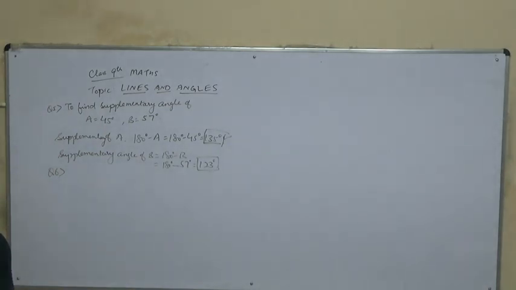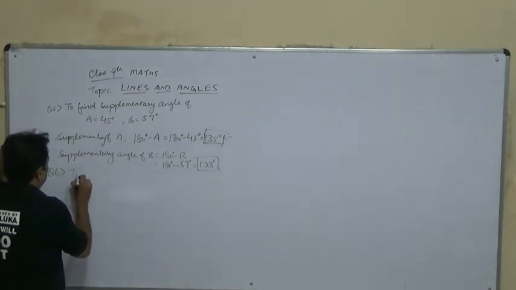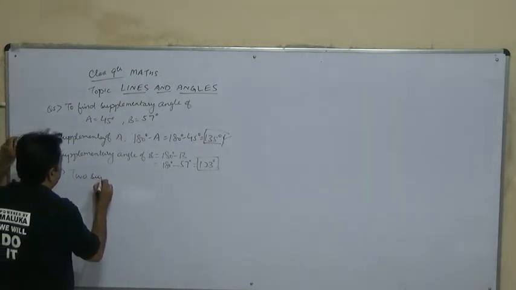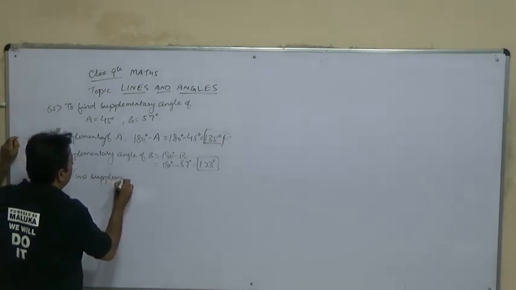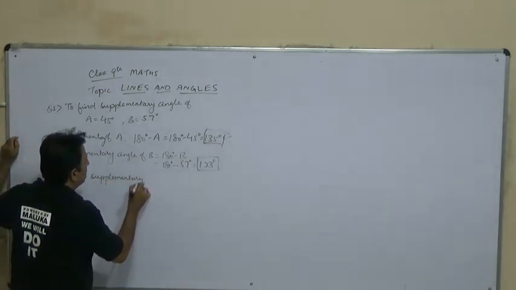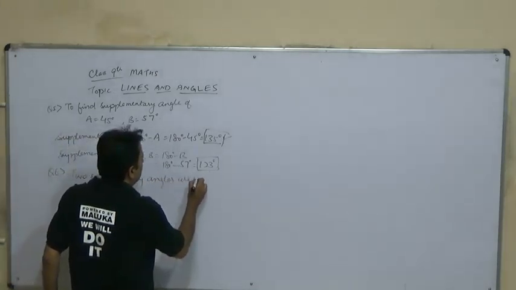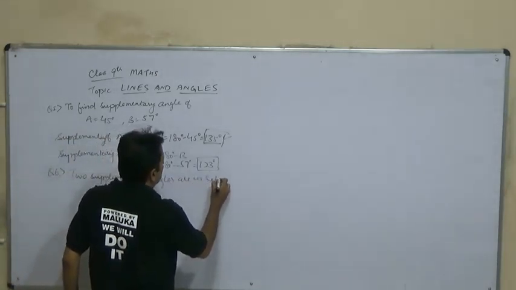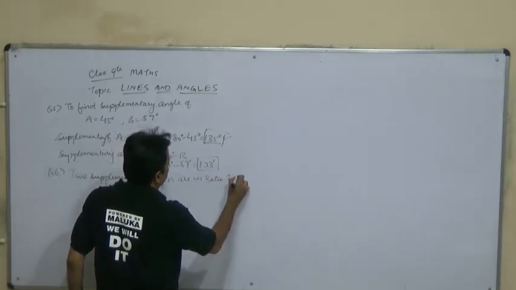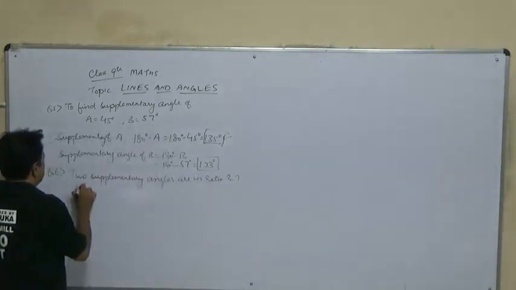Two supplementary angles are in the ratio 3:7. Find the angles.